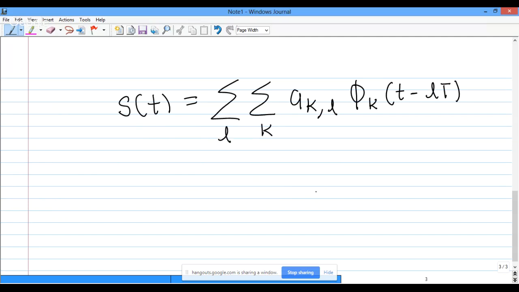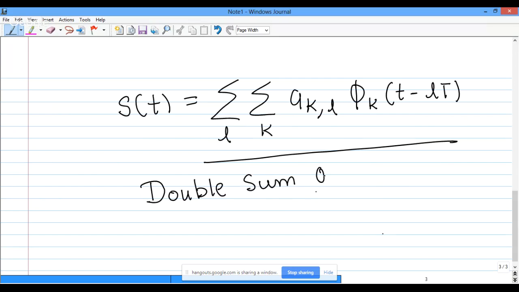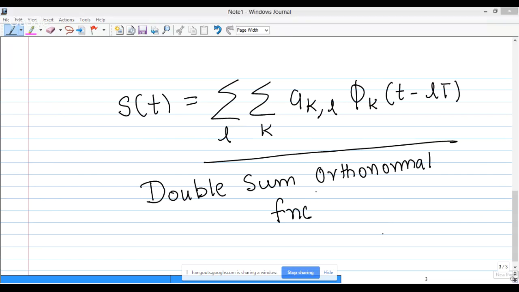So in lecture 5, we have also seen that a signal s(t) can in general be thought like this, and this is what we know as the double sum orthonormal expansion, right? What's the physical meaning? Before answering the question why we do this and what is the use of this, let us try to understand what is the physical meaning of these orthonormal functions.